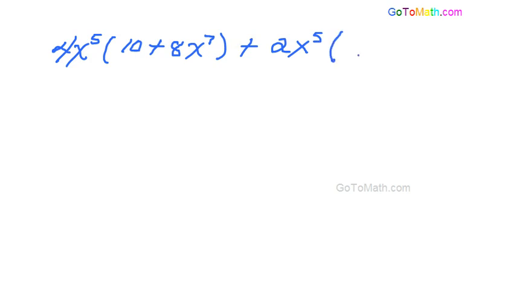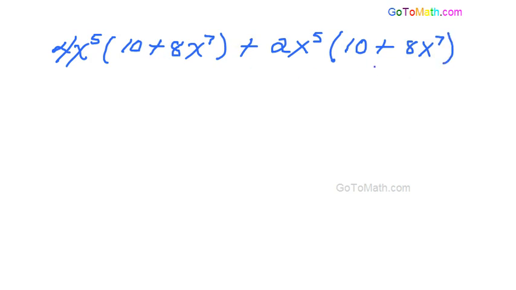We got 4x to the 5th power times 10 plus 8x to the 7th, and I'll definitely be second checking this, considering I wrote it down wrong last time, and then 2x to the 5th times 10 plus 8x to the 7th.